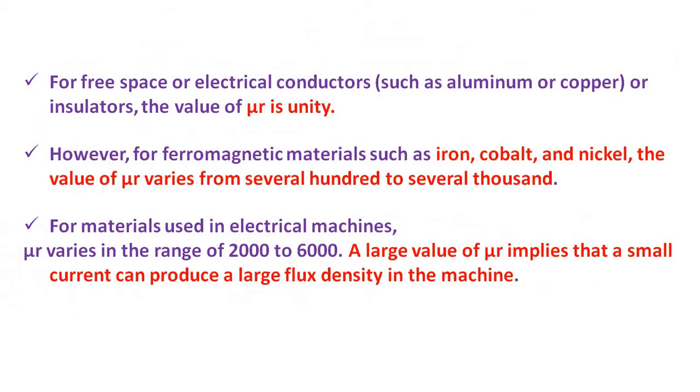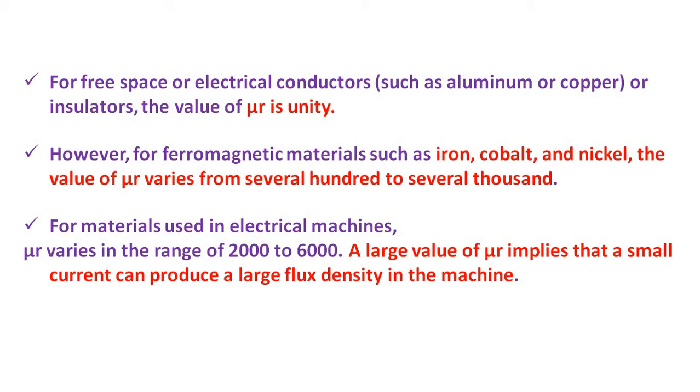For free space and electrical conductors such as aluminum or copper, and insulators, the value of mu r is unity. However, for ferromagnetic materials such as iron, cobalt and nickel, the value of mu r varies from several hundred to several thousand.